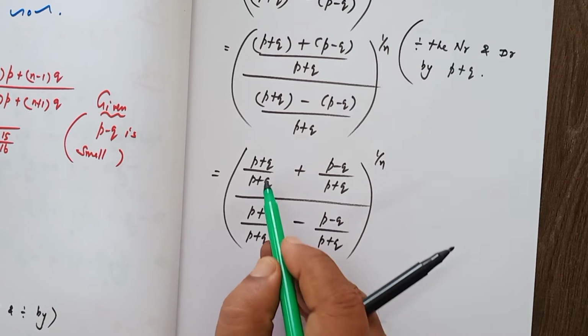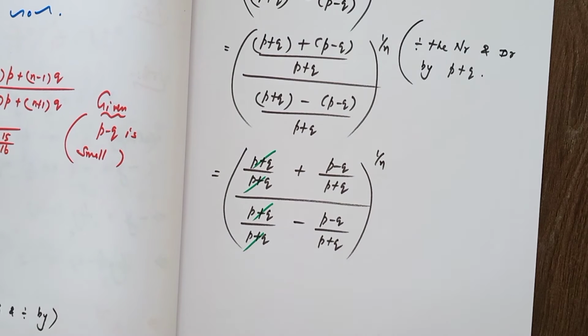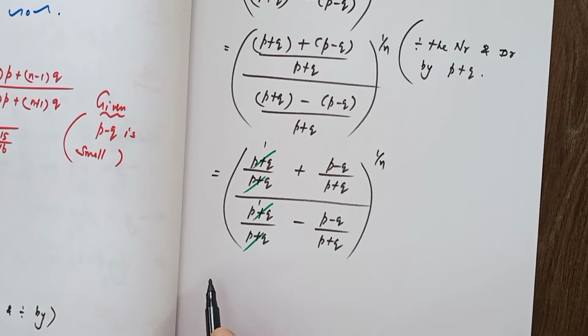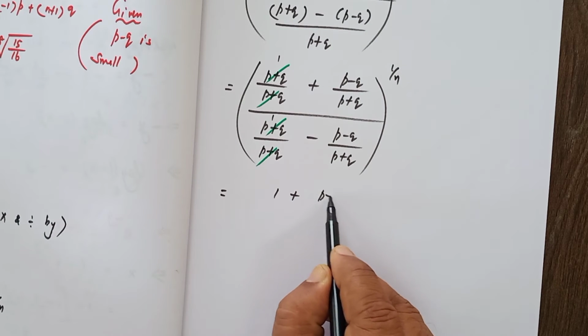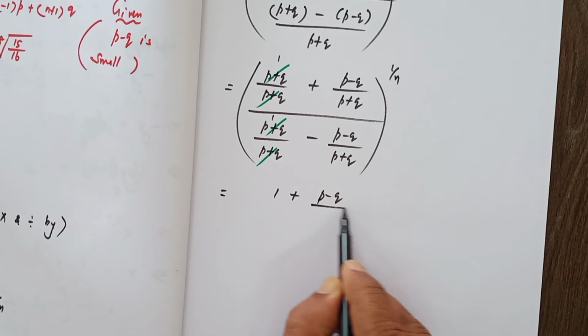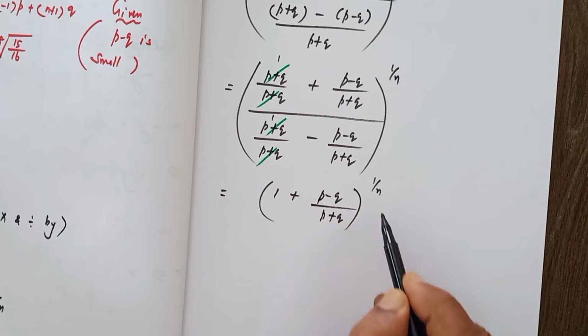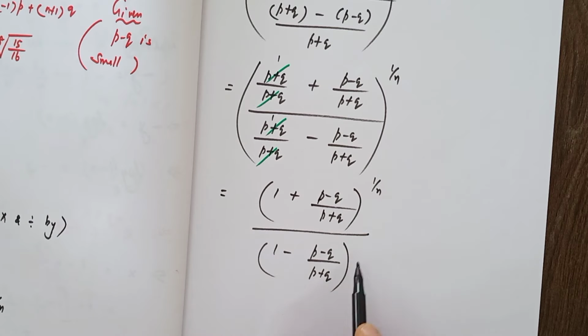Here p plus q both get cancelled, here also. So 1, here 1, here 1. That is equal to 1 plus p minus q divided by p plus q whole power 1 by n, divided by 1 minus p minus q divided by p plus q whole power 1 by n.